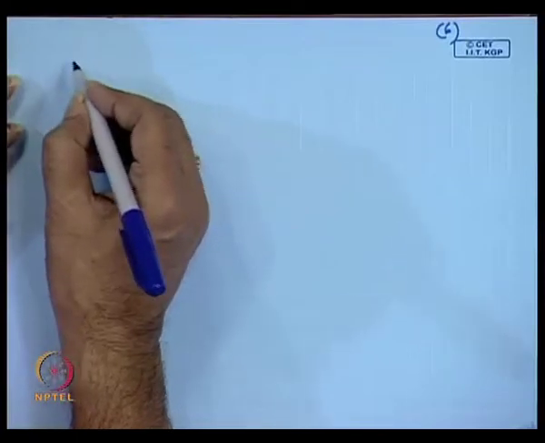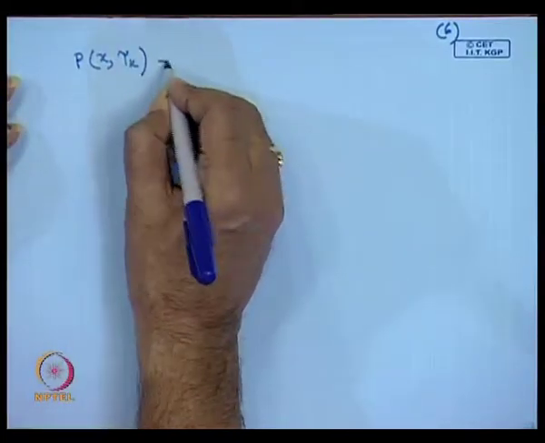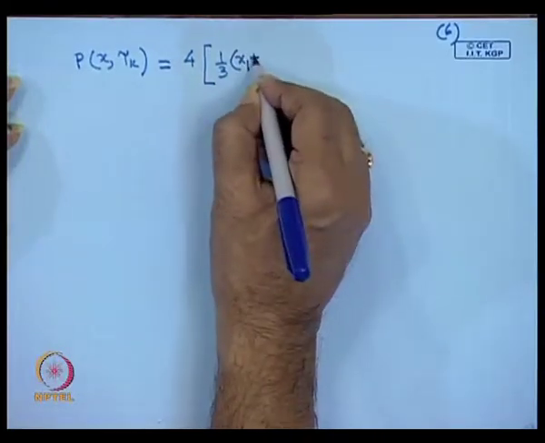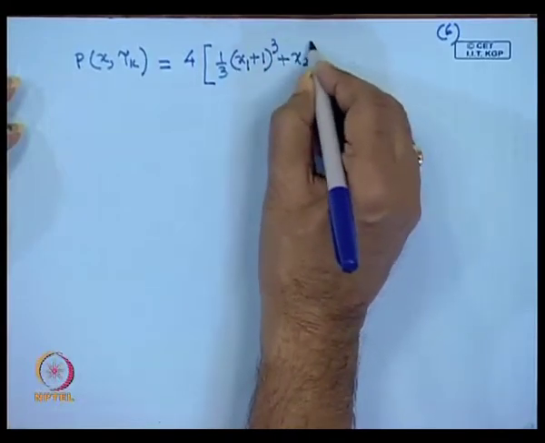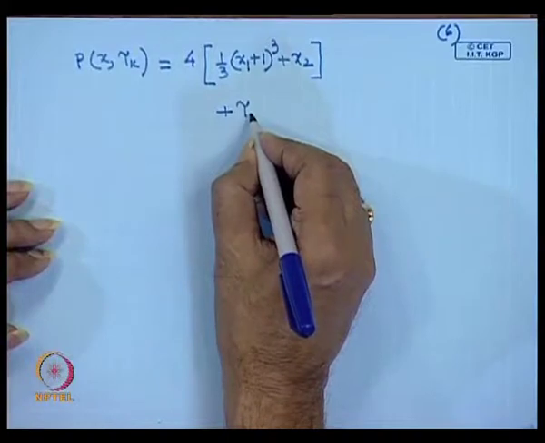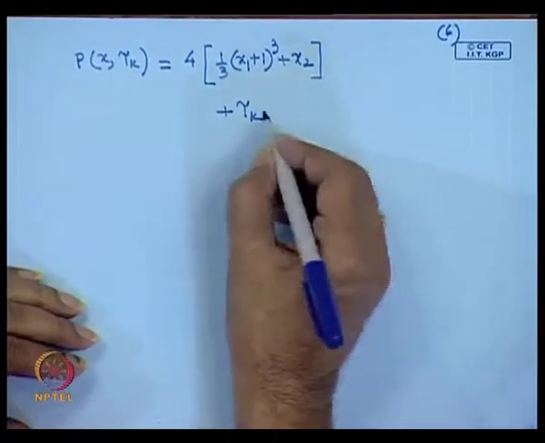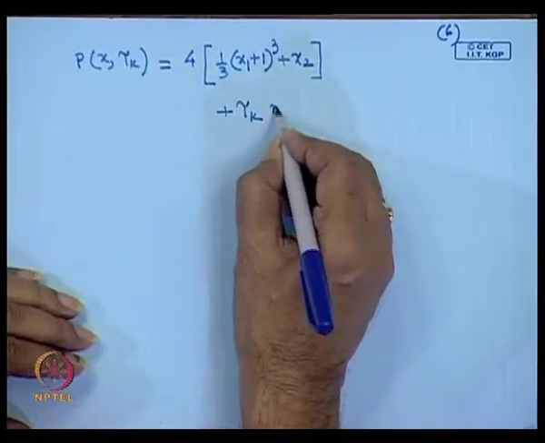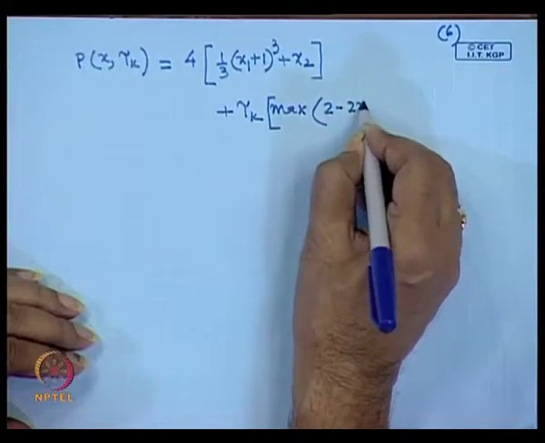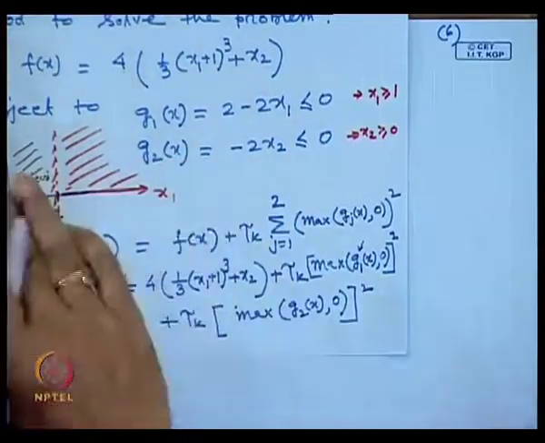So, now you can write P(x, tau_k) equals 4/3 times (x1 plus 1) cube plus x2, plus tau_k times max of minus 2x1, 0, because I am writing the value of g_1, since I know that in the infeasible region this value is greater than 0.